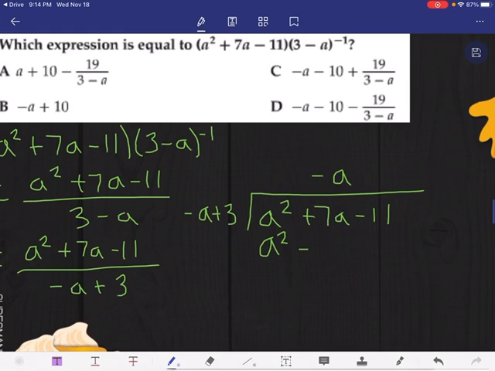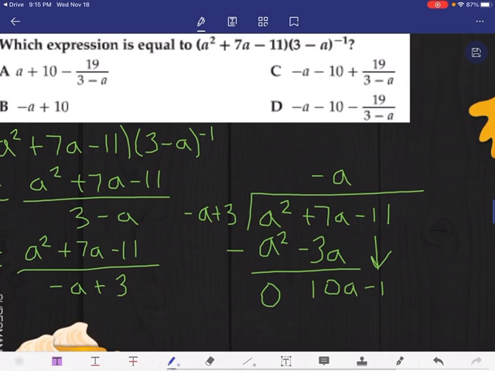Negative a times 3 gives us a negative 3a. I'm going to subtract as I come down, so we get 0, which is what we need. And then 7a minus a negative 3a is going to turn to addition, so we get 10a.